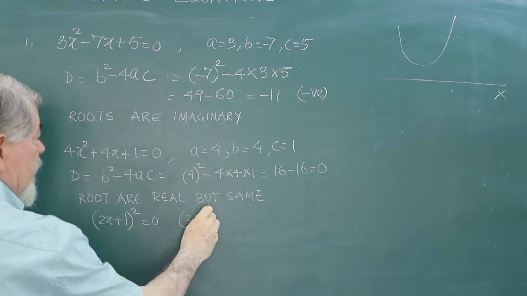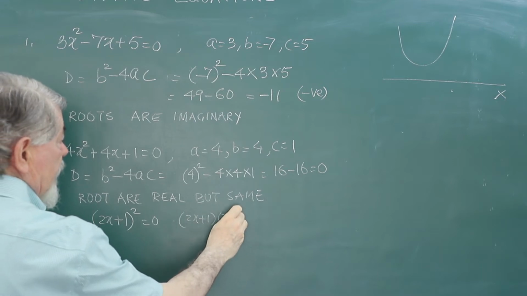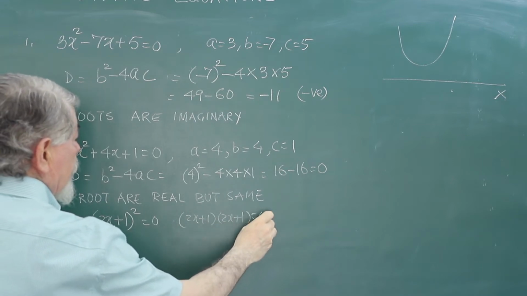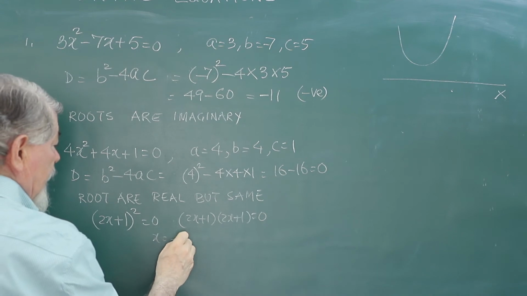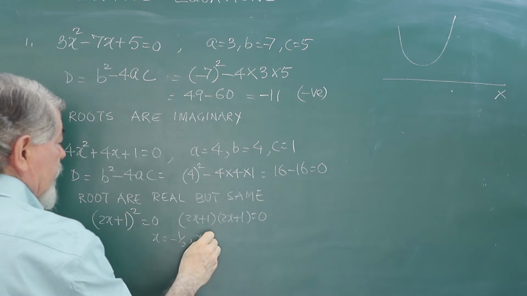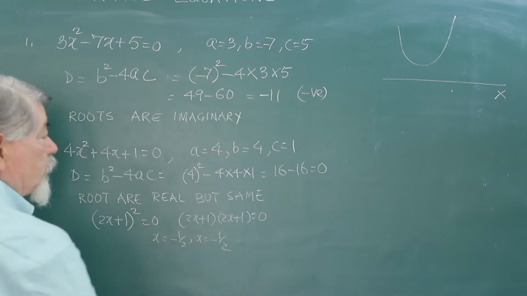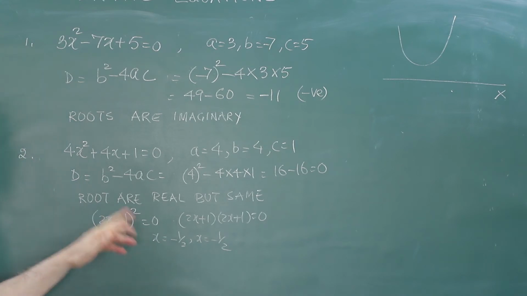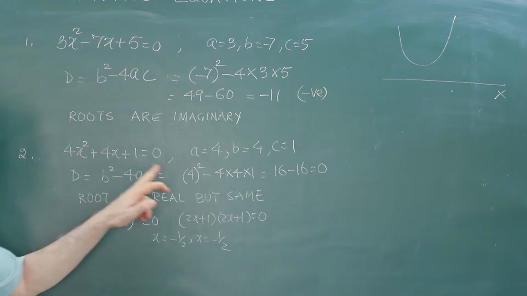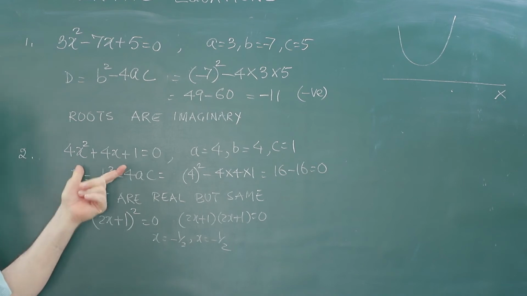That means 2x plus 1 into 2x plus 1 is equal to 0. That means x is equal to minus 1 upon 2. There will be two roots, but they are the same roots. It is a perfect square. If it is 0, it will always be a perfect square.